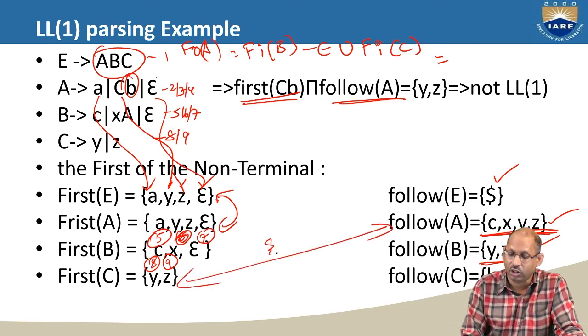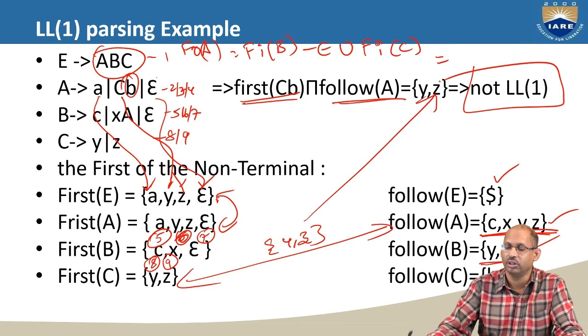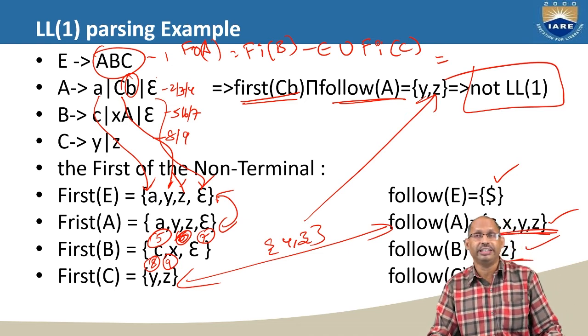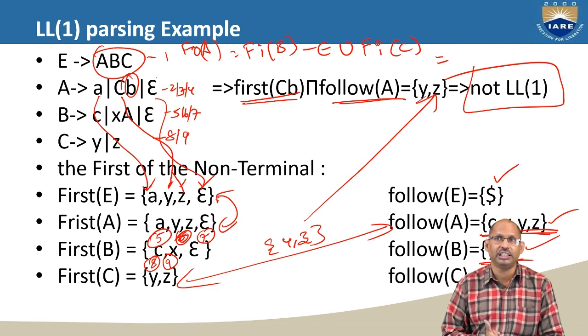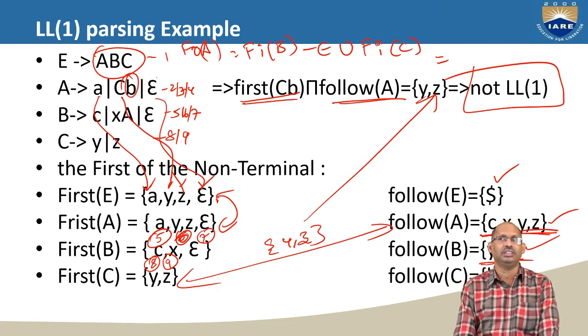So the common one is YZ. So it is not LL1. The intersection of the first of CB and follow of A is YZ, so it is not LL1.